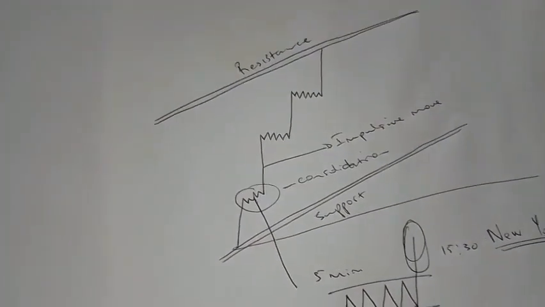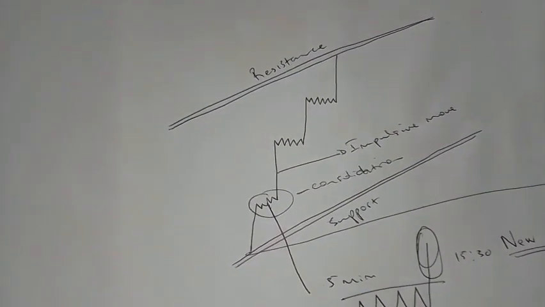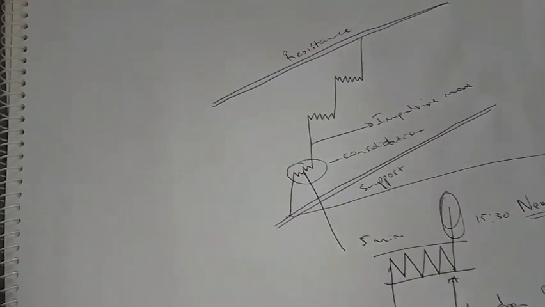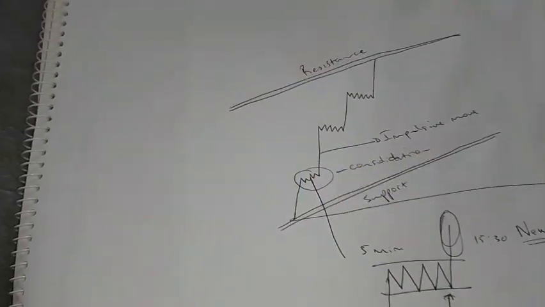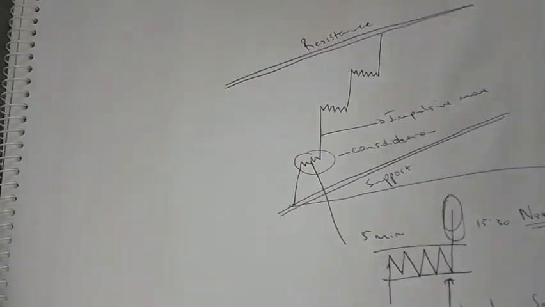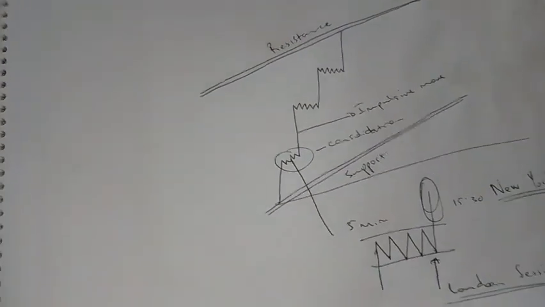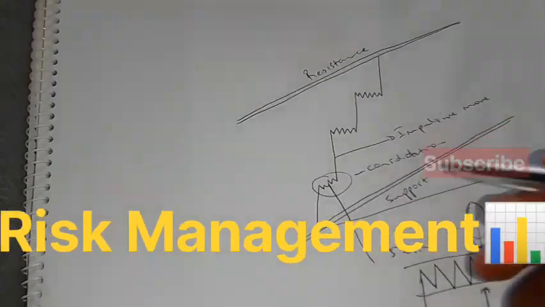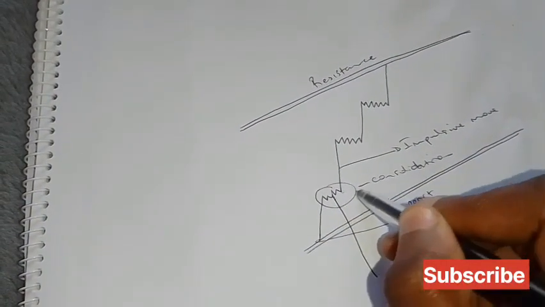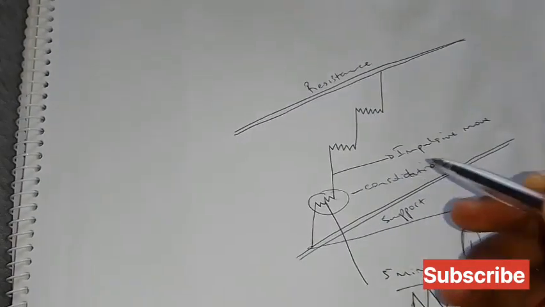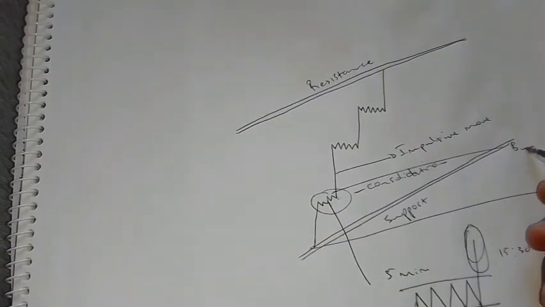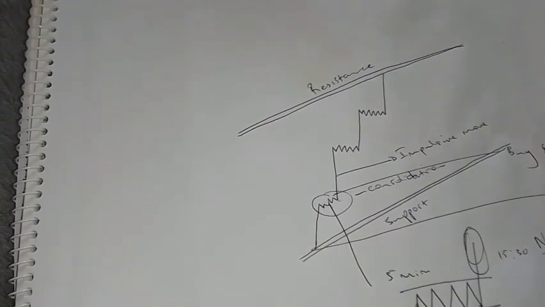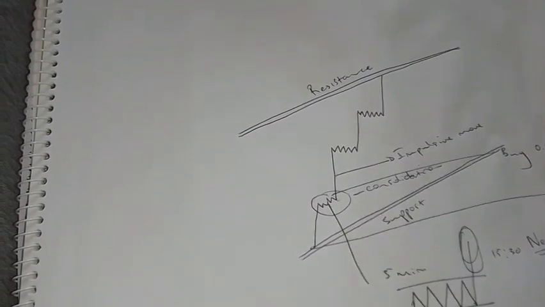Let me show you my strategy on how I execute and make more profit. I always use a lot size of 0.01 so I can be safe. That's my risk management. Don't forget to use risk management if you want to grow. If I enter a buy here after my consolidation, that's one buy, lot size 0.01.